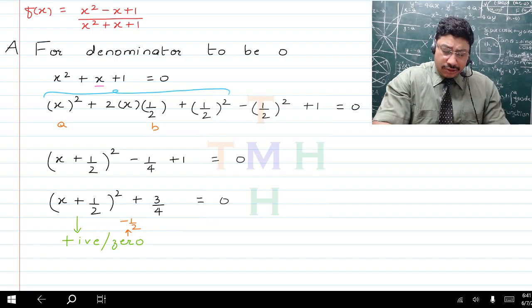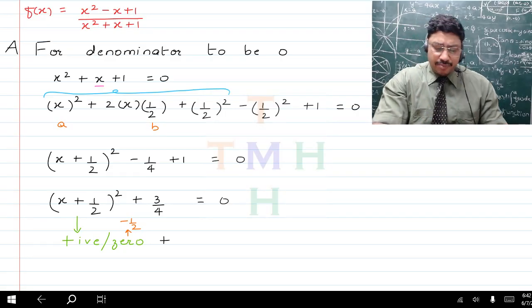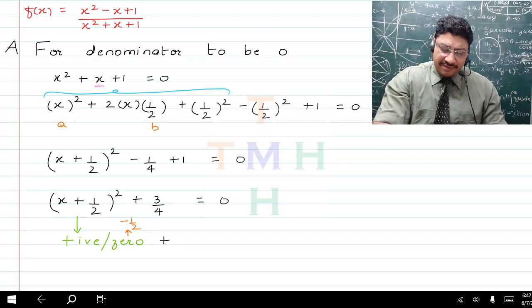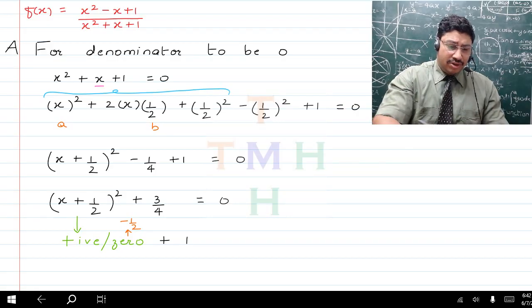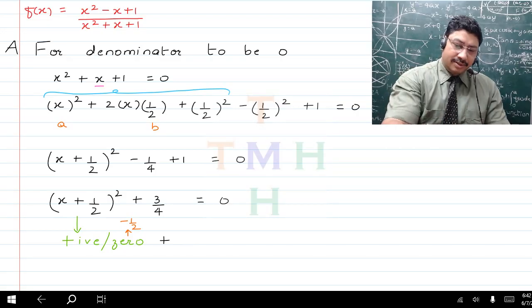Now for the children, to this is added for sure a positive number, that is plus 3 upon 4, which obviously on calculating decimals will become 0.75, right? So to this is added another positive number.